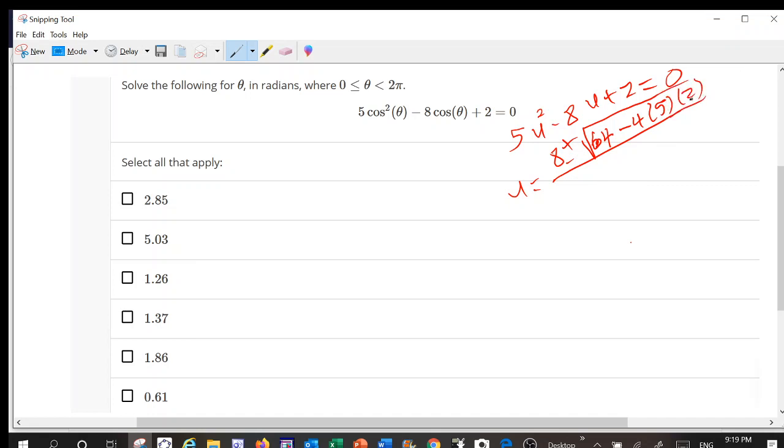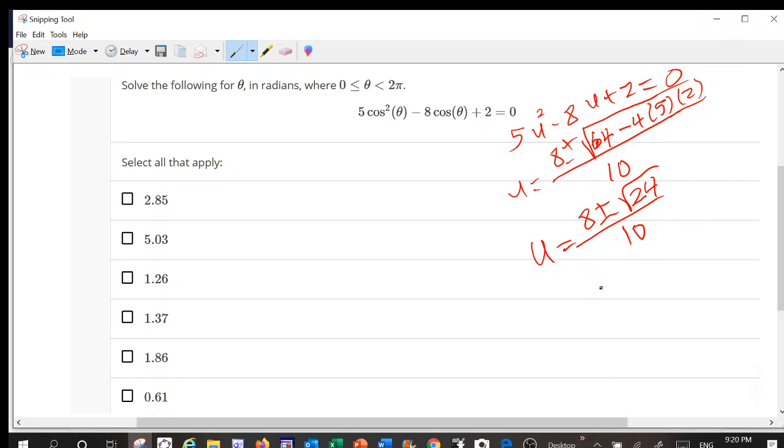Now that's 24, so this is not nice, so u is not very nice. So u is going to be 8 plus or minus the square root of 24, over 10.